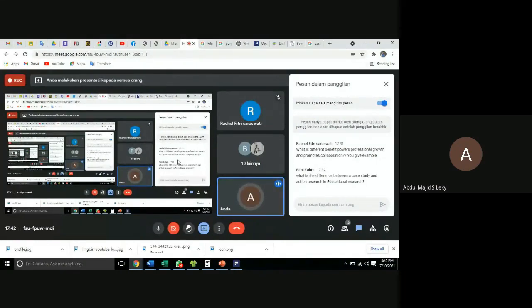For example, for teacher development, we study teacher stress and resilience, and I think that's a type of case study. And action research, in particular, is related to the classroom process. So I think the field of case study is wider than action research.